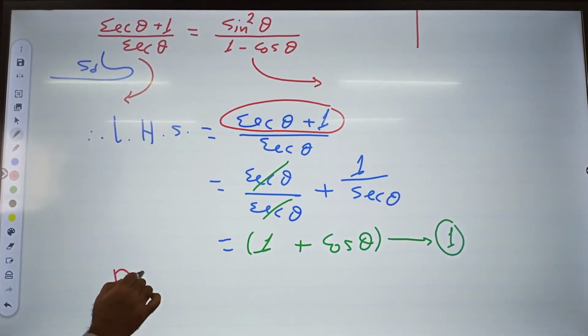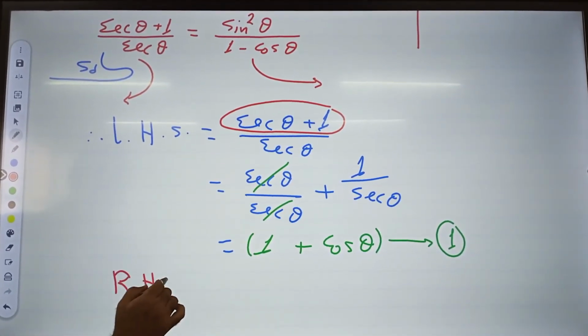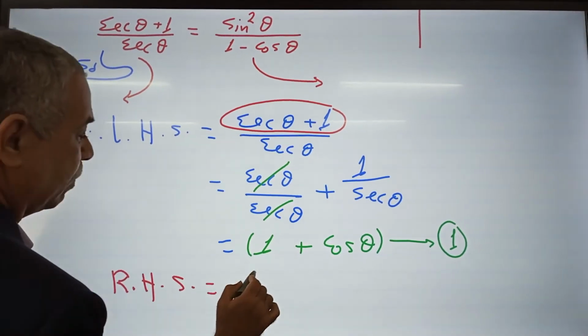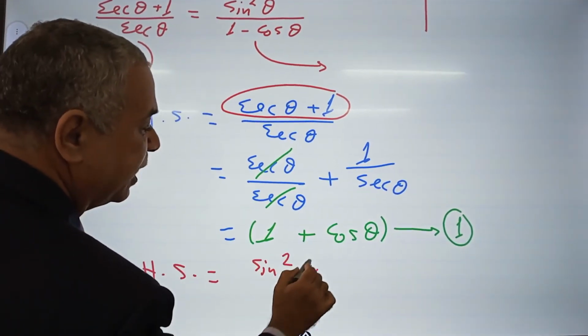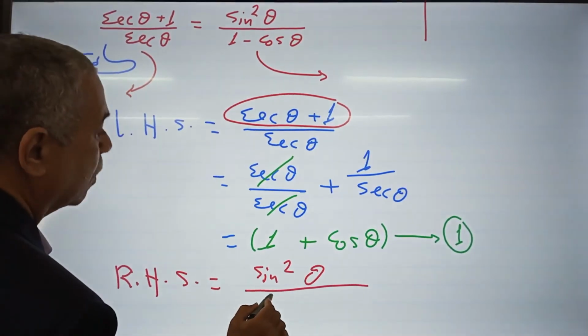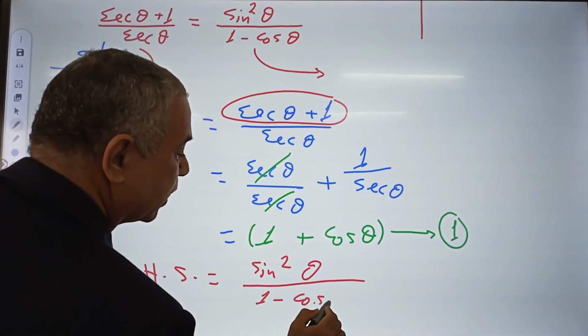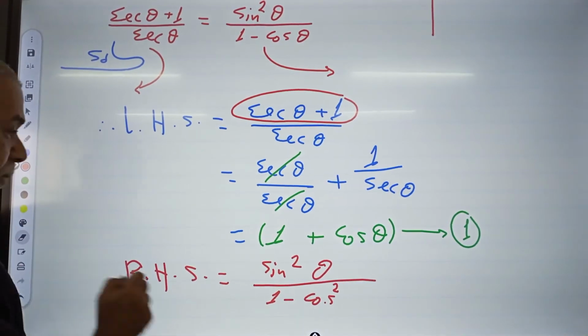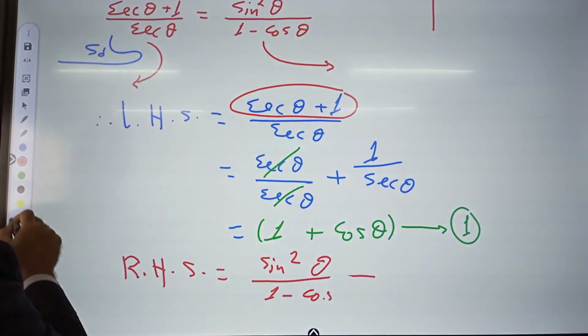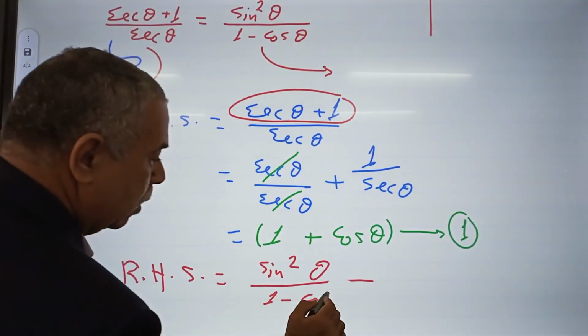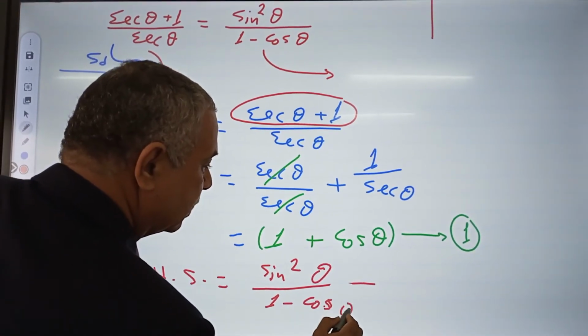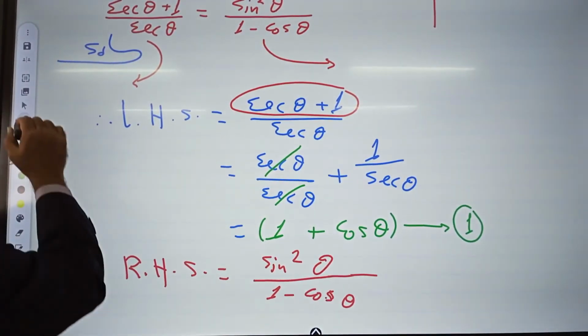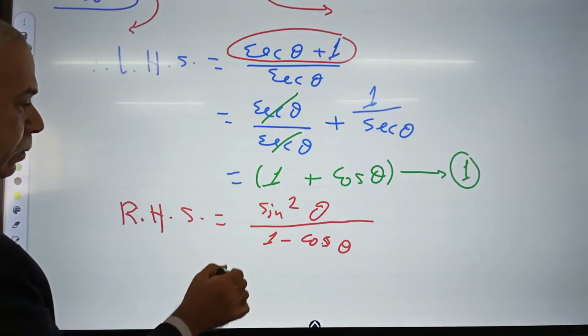The right hand side equals sin²θ over 1 minus cos θ.